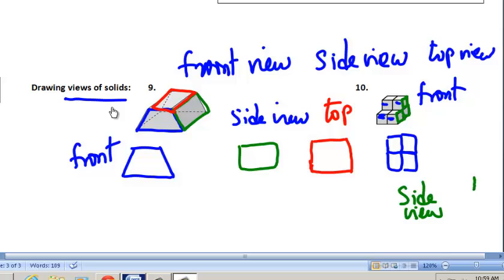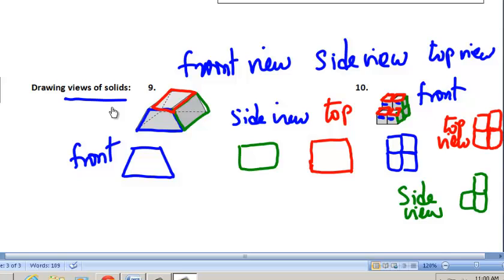So my side view looks something like this: 1, 2, and then one more like that. And my top view, I look at 1, 2, 3, and 4. So the top view becomes 1, 2, 3, and 4. Go ahead, finish the other two, and I'll see you next class.